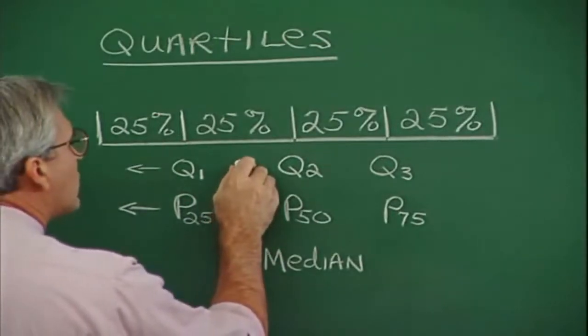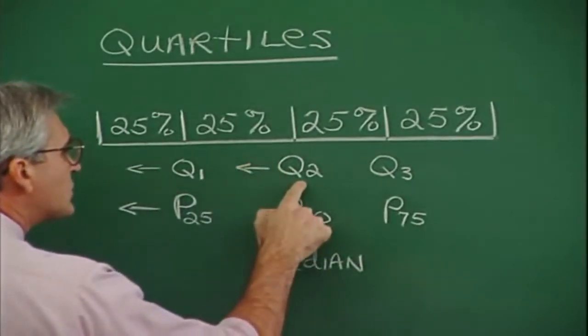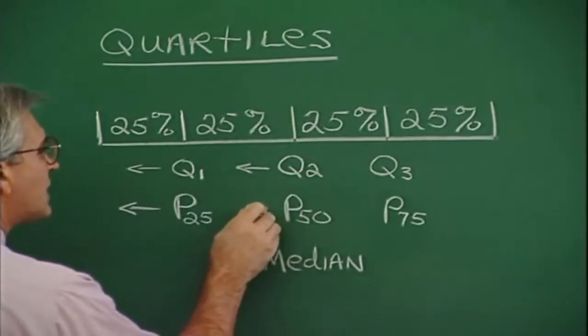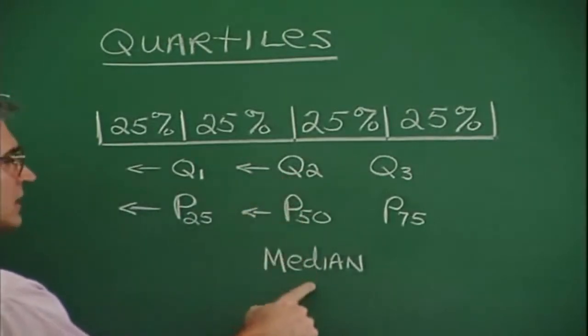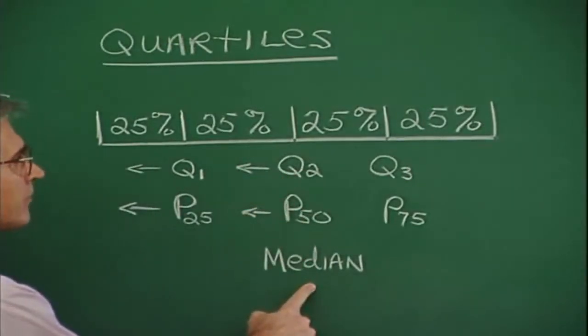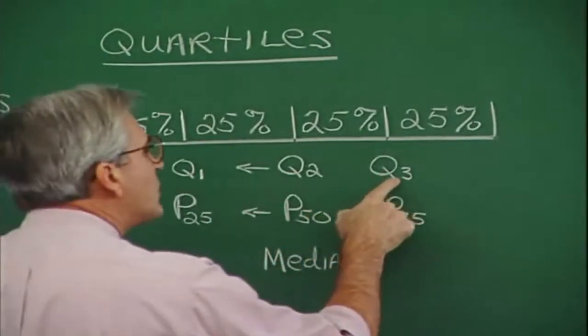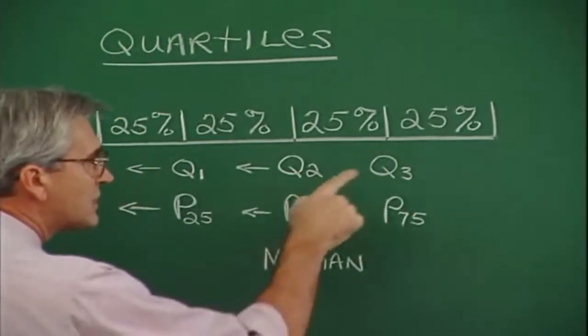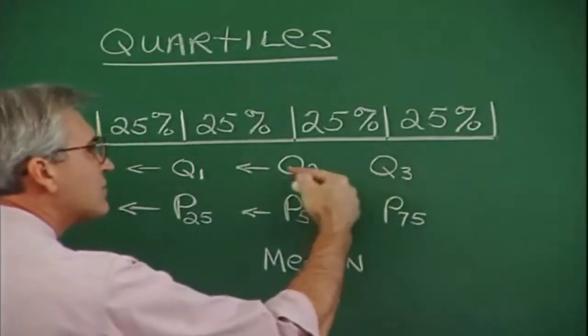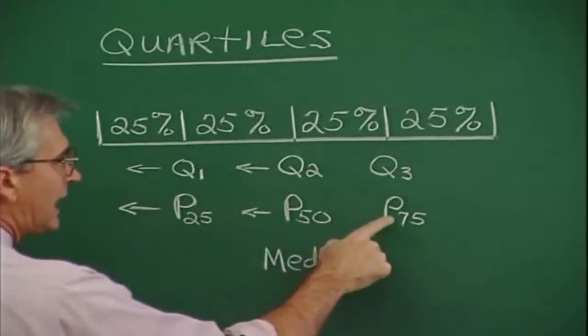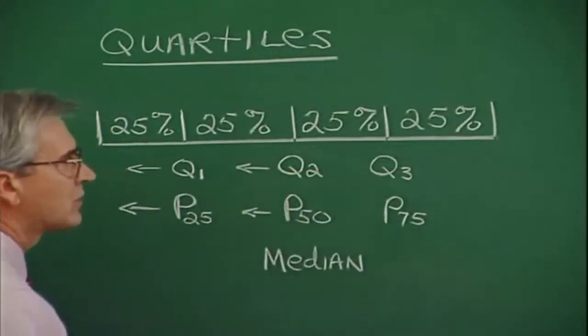That would be the 50th percentile, and that number is the median. The third quartile number, 75% of the data lies below that value, and that would be the 75th percentile.